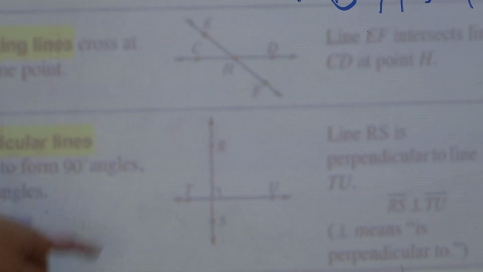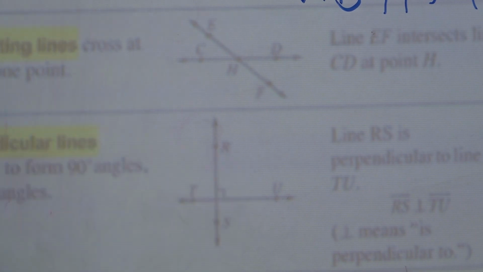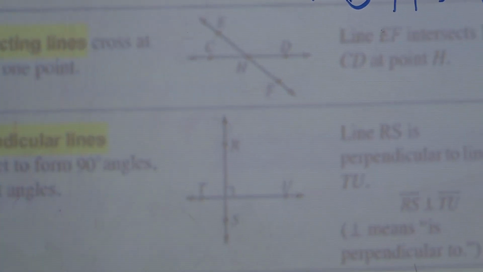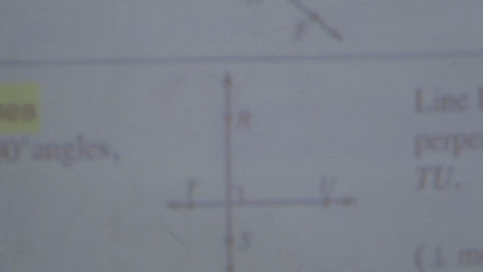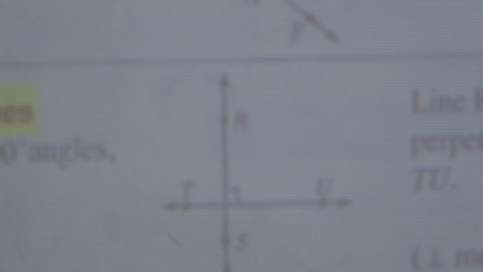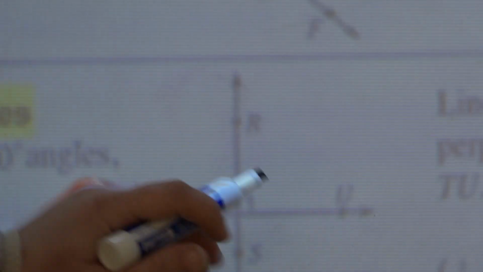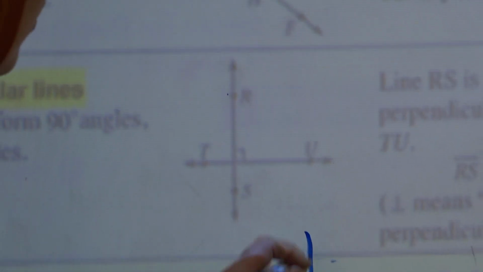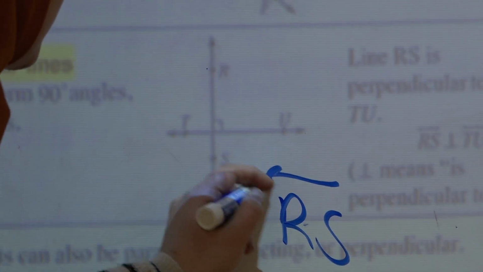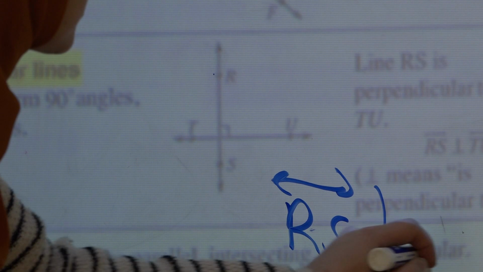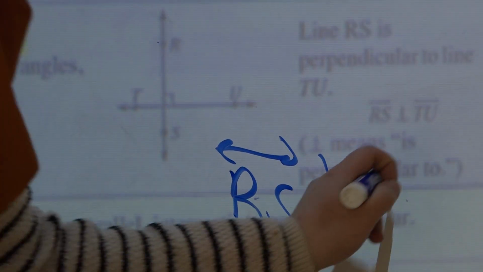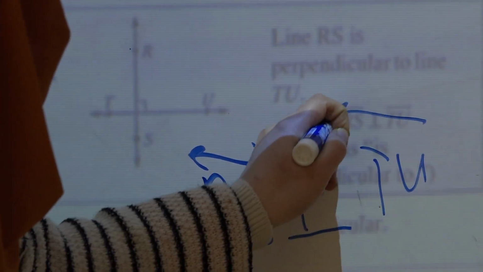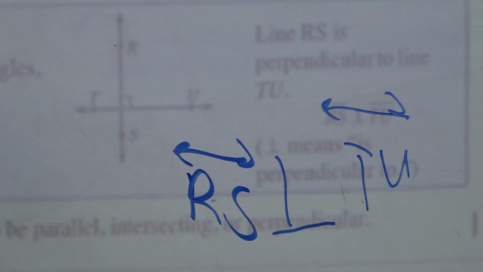You tell me line R is perpendicular to line TU at a right angle. How do we write it? You write line R, then the symbol of perpendicular, then line TU. Like this, you need to write it.